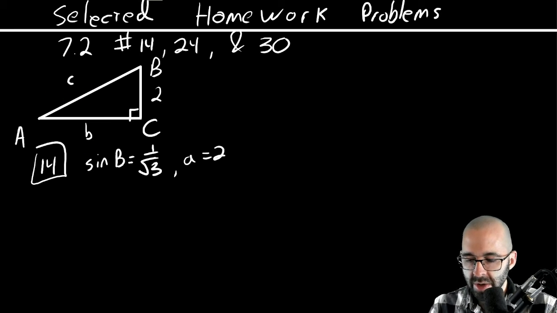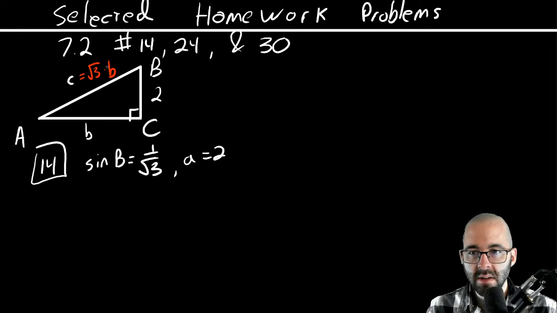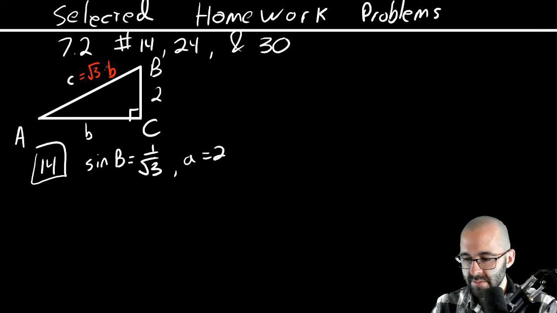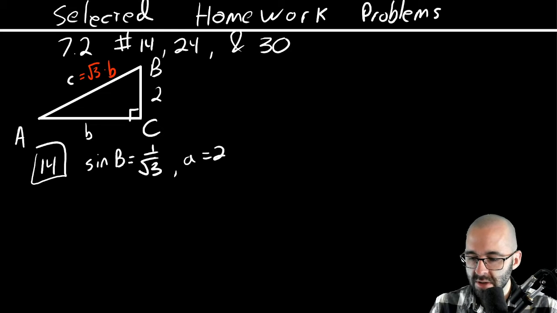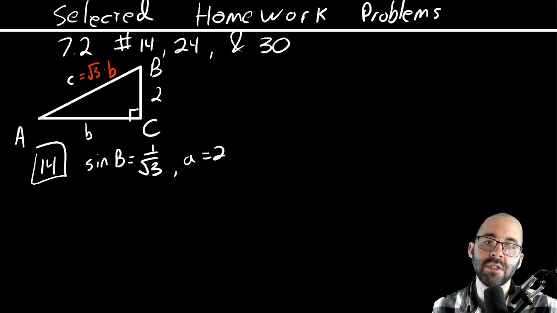So the ratio is, let's say we don't know what B is, but I do know that C is the square root of 3 times B. So whatever B is, C is the square root of 3 times B. And so if A is 2 and we have this, then what we can do is use the Pythagorean theorem, because we need more information essentially.